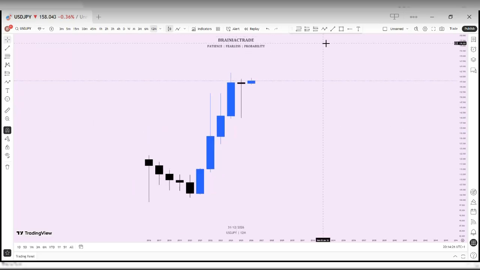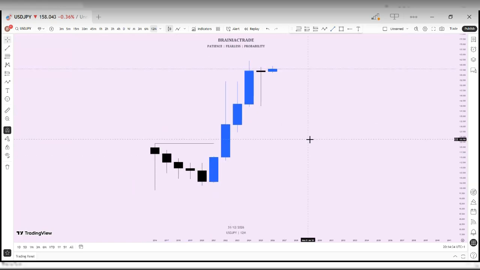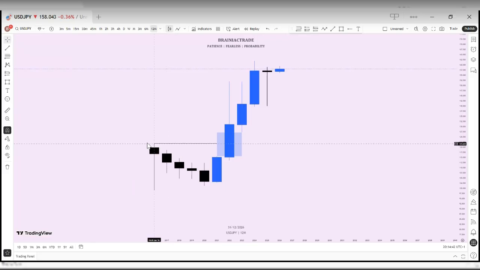Let's take an example now. I'm on the 12-month time frame. If you check very well, you see that this buy side liquidity gets taken out. And where is your next draw on liquidity? If you want to position for this trade, it will be your fair value gap here. Once price has taken the external range liquidity, it comes for the internal range liquidity.